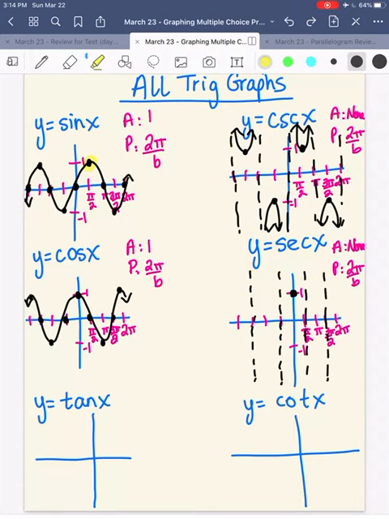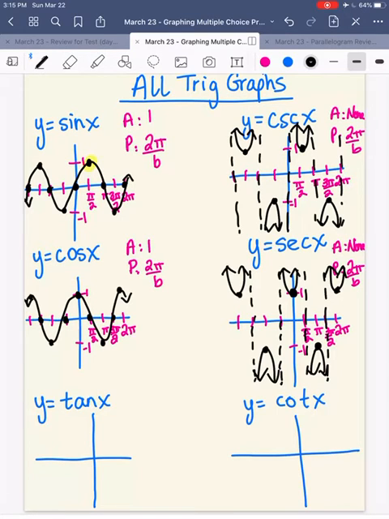So they should not line up with each other. Secant and cosecant have their asymptotes in different locations. Okay, all right, so our first point goes up at the amplitude, and then it's going to go down on both sides, and then it's going to go back up. Okay, so we have 3 going up and 2 going down.